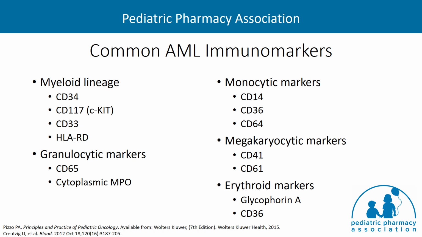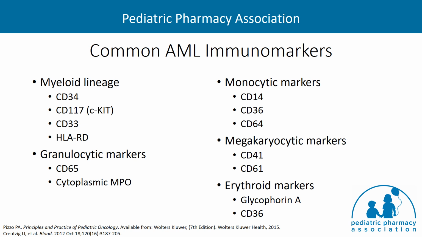Now that we've discussed the bone marrow biopsies and some of the initial studies that are run on those samples, this slide is primarily here for your reference as a brief description of some of the immunomarkers that are evaluated when initially working up a patient for AML.